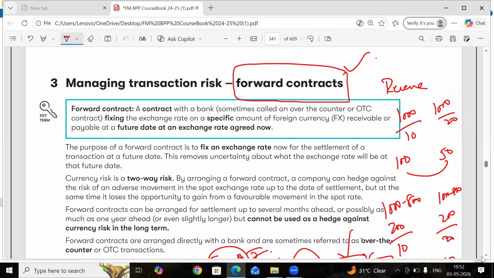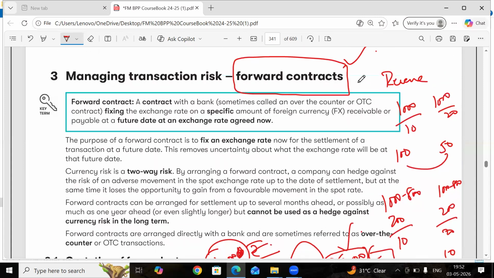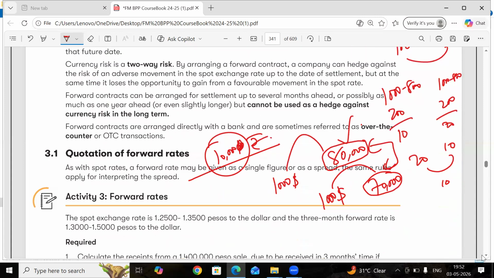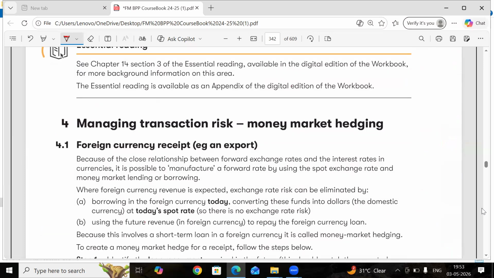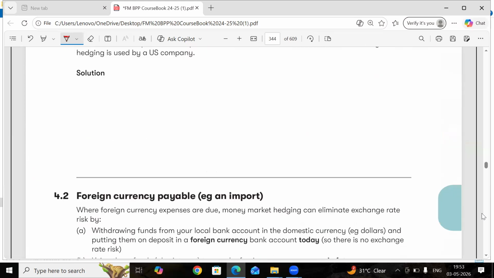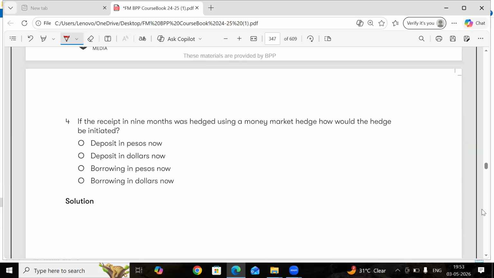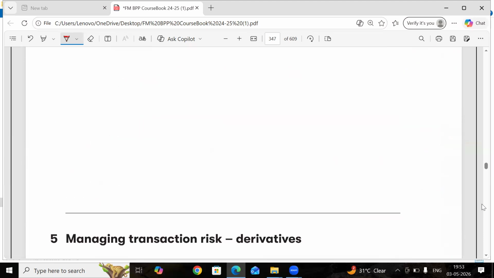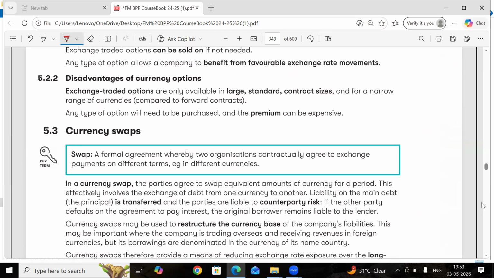As we have just 1 minute, it is not possible for us to discuss this. We will start afresh with forward contracts, understand all the examples. Then again, we'll move to money market hedge, a very important topic, and then we'll finish money market hedge as well. And as we have taken two sessions today, we have reduced two classes. The next two classes will be the end of the foreign currency exchange rate risk chapter. Okay.